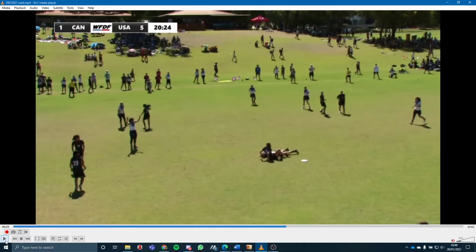So a dangerous play could be a foul, or it could be the fact that you didn't get hit, but if someone lay down in front of you and therefore you didn't go for a disc, but if you did go for it, you would have been wiped out, you could call dangerous play, and no other rules supersede it, basically.